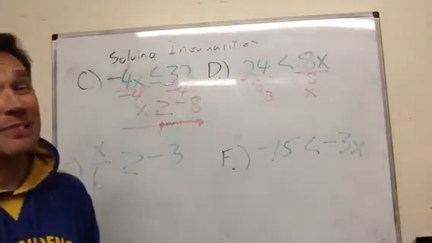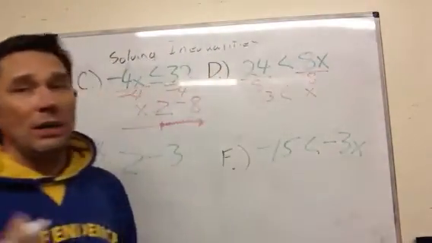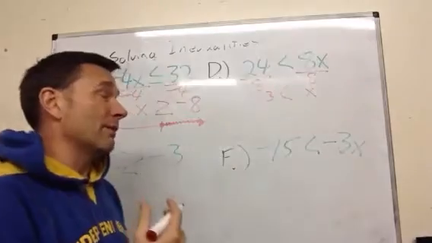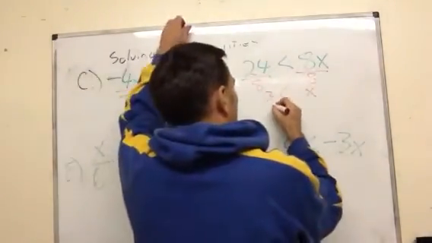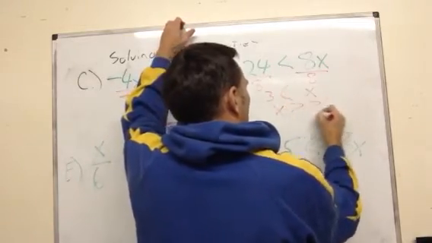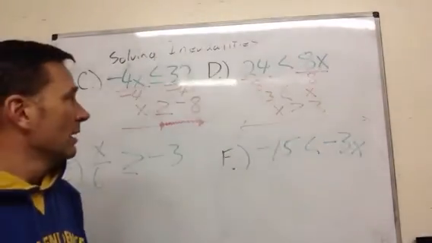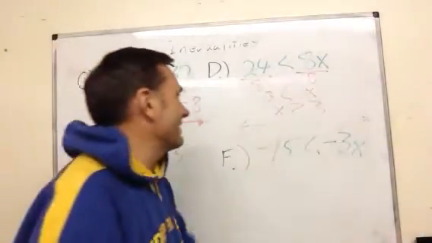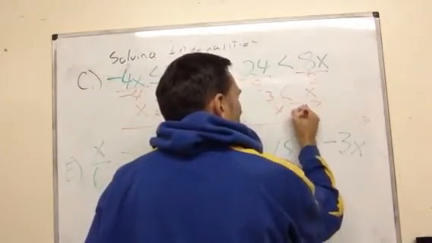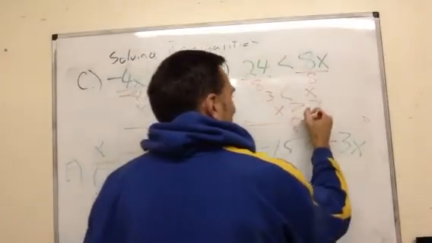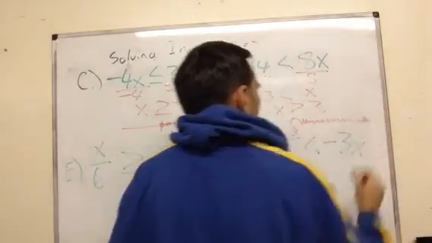We divided by a positive number, so we do not need to change the direction. However, a lot of us will make mistakes if we do not flip-flop this inequality to make it x greater than 3, instead of 3 less than x. So again, it's just a greater than sign. At 3 we put an open circle, and it's pointing to the right, so we shade to the right.